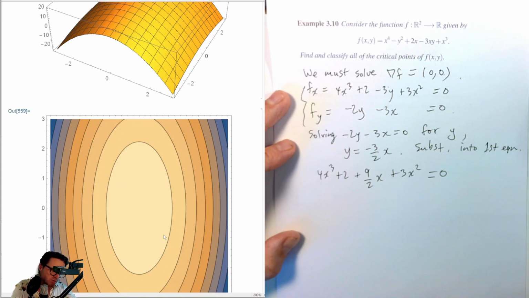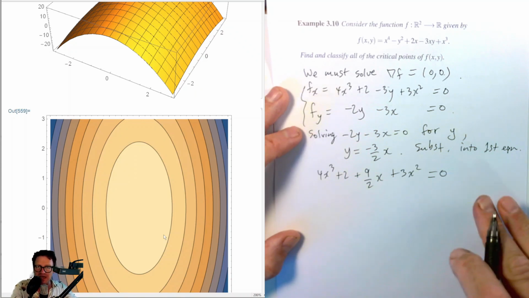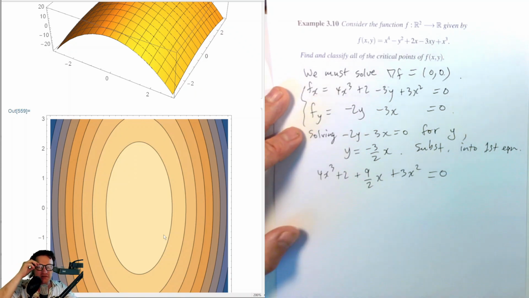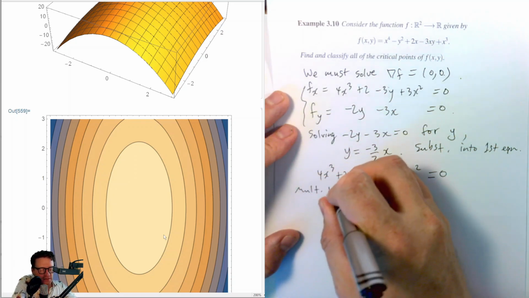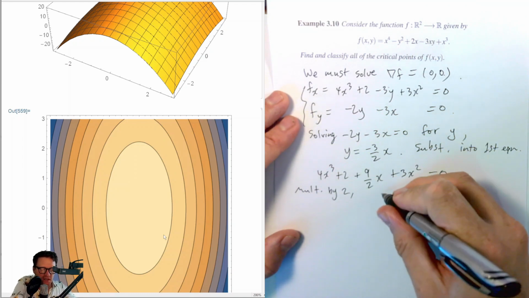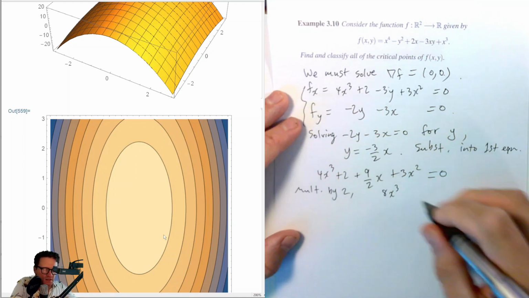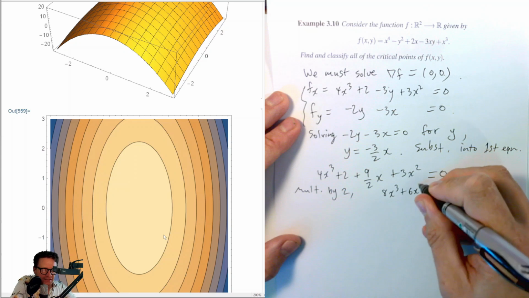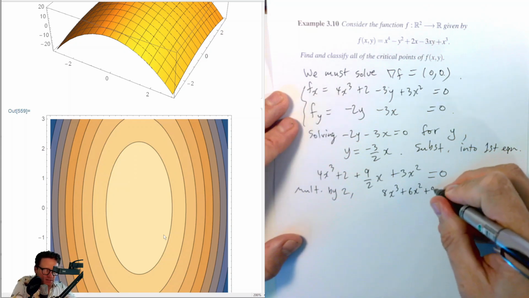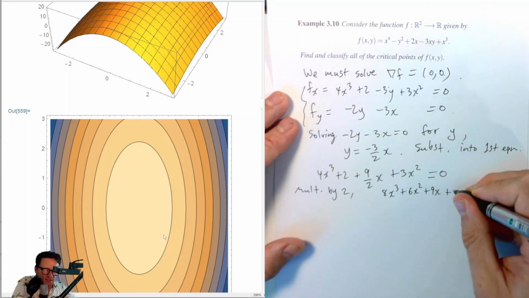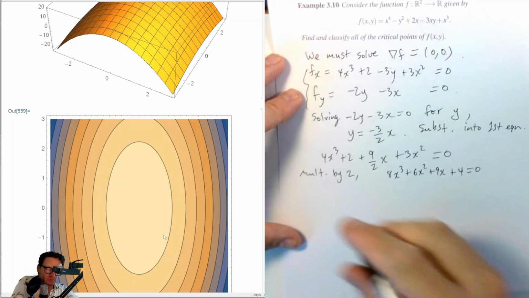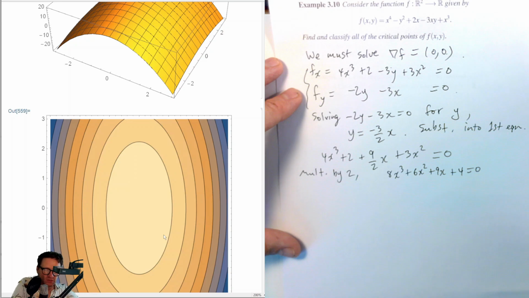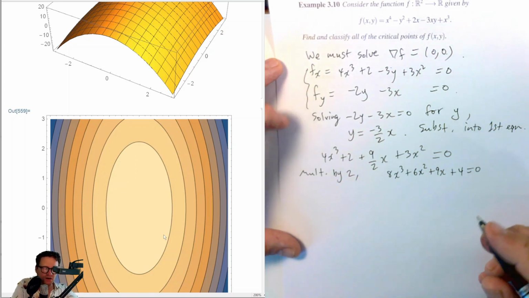So to do that, I would want to multiply throughout by 2, so I get integer coefficients of the x. Okay, so multiplication by 2 gives us 8x cubed plus 6x squared plus 9x plus 4 equals 0. All right, so now you could call this something and you could sub in a value and see that you get 0.